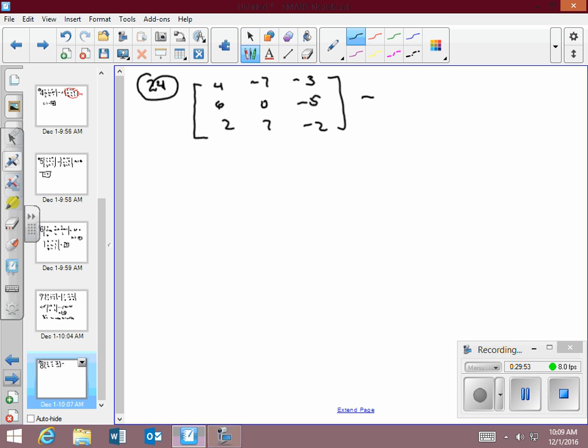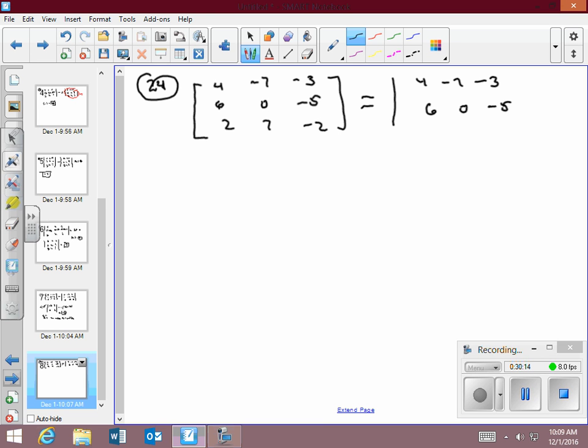What do you think? Take the first row times 1 and add it to the third. So that'd be a 4, minus 7, minus 3, 6, 0, minus 5. We're just straight adding, right?